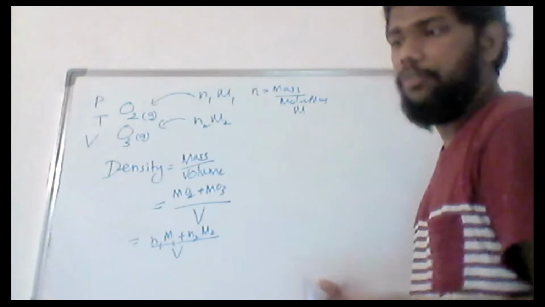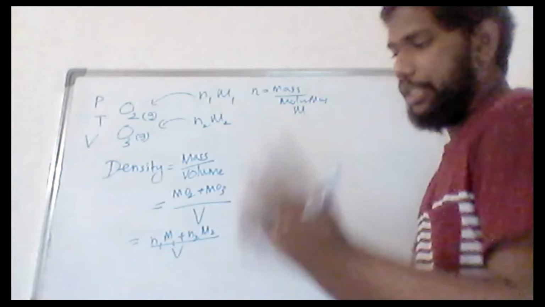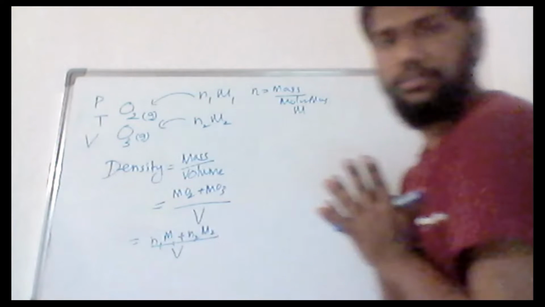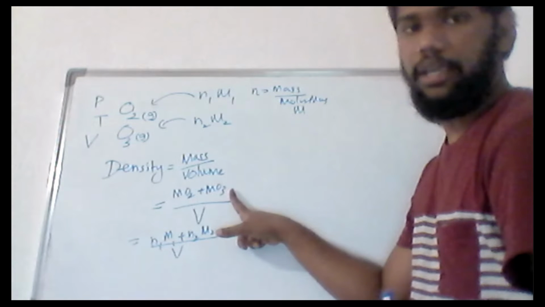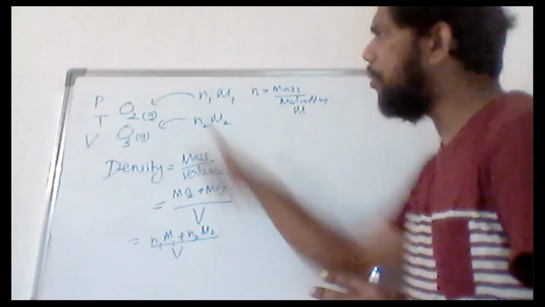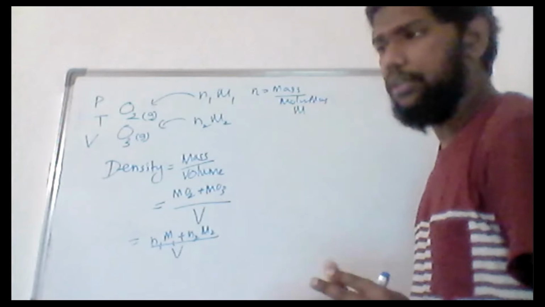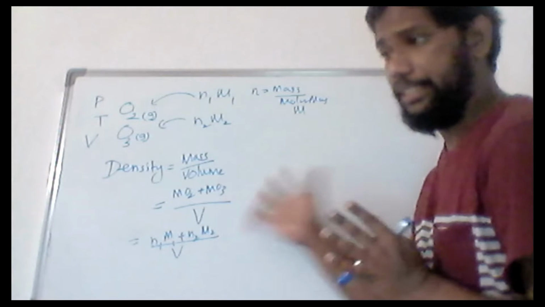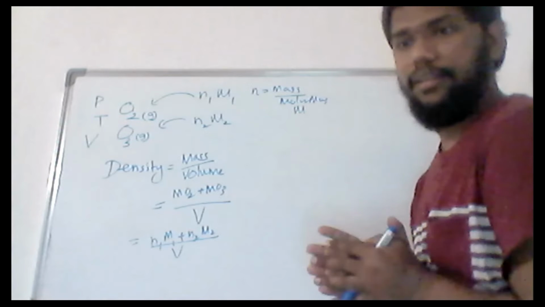But sometimes people forget to understand that density is given for the entire solution or entire mixture, which means you need to take the total mass. In a gaseous mixture or in a solution, remember, here both are gases. So sometimes you might think, can I describe the density here for oxygen separately and ozone separately?